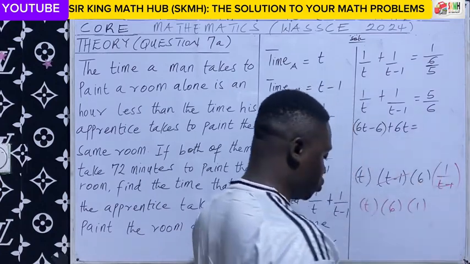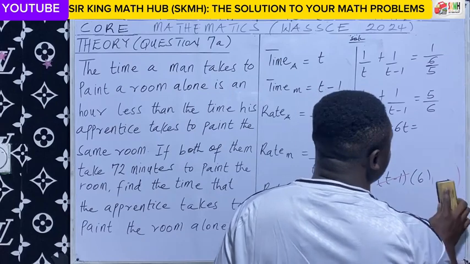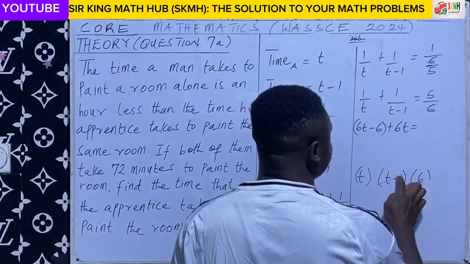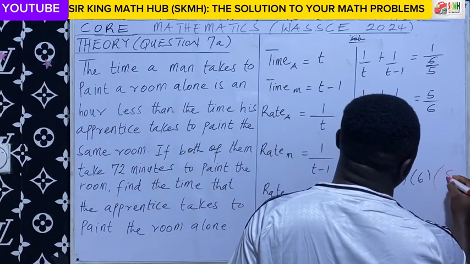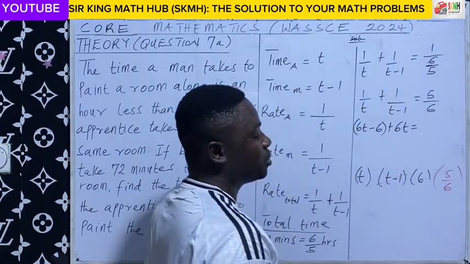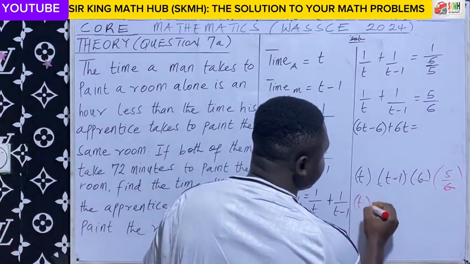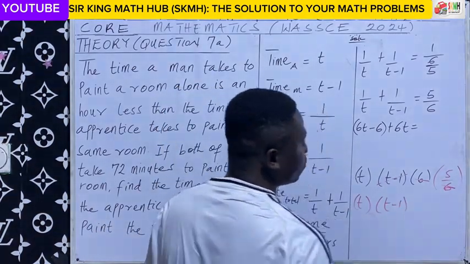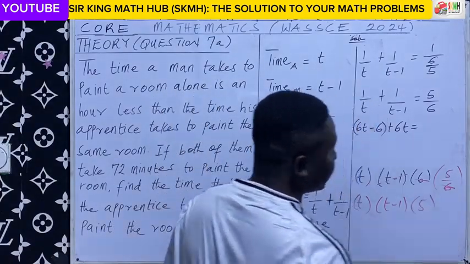And this should be equal to, now finally, the last term. You also need to multiply the last term by the LCM, and the last term here is 5 out of 6. So we see that 6 will also cancel out, leaving t multiplying t minus 1, multiplying the numerator, which is 5.